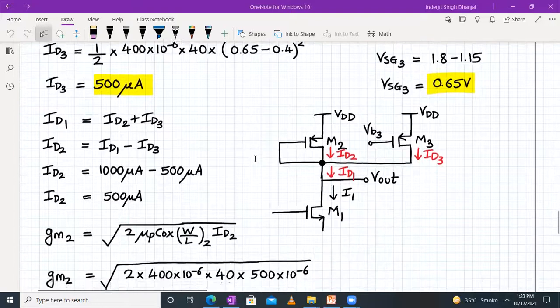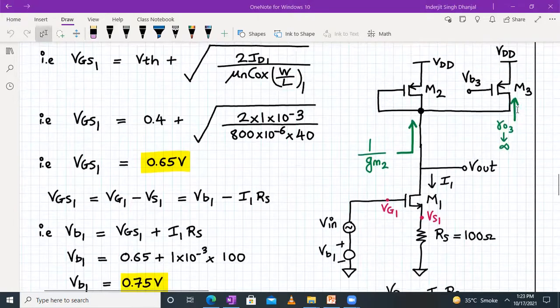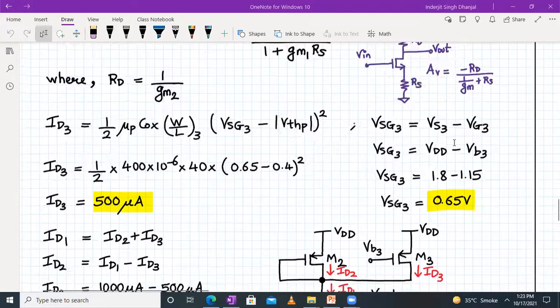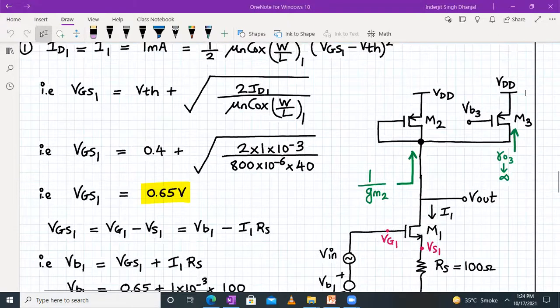So if you look carefully, over here, VSG3 is nothing but VS3 minus VG3. Let's look at the diagram over here. So VSG3 is VS3 minus VG3. What is VS3? VS3 is nothing but VDD, right? The source terminal of this PMOS transistor is connected to VDD and the gate terminal is connected to VB3.